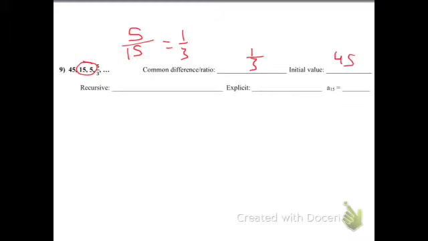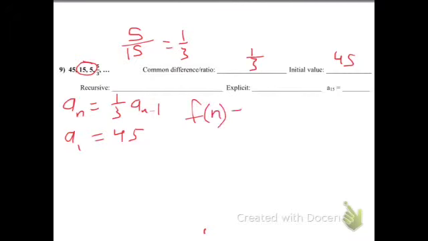Initial value is 45, so our recursive function is going to say a sub n equals 1/3 of a sub n minus 1, and a sub 1 equals 45. The explicit function follows the exponential form, so 45 times 1/3 to the n minus 1 power.